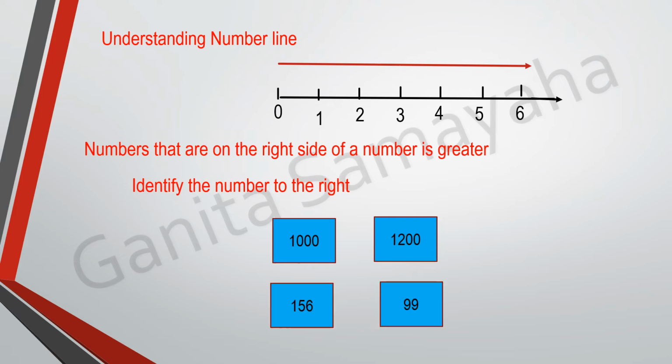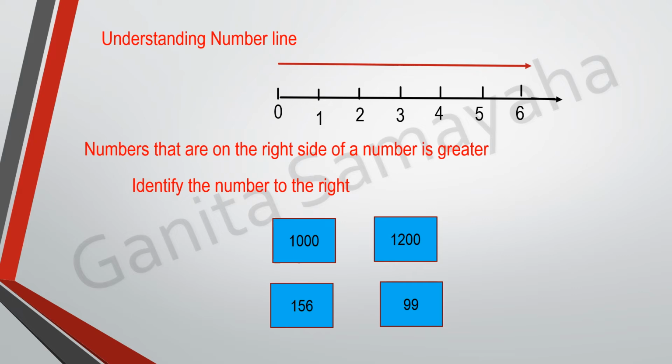Clear. One more. Is 156 found to the right of 99 or 99 found to the right of 156? Yes, 156 is found to the right of 99. So from 0 when we go towards the right, we found that the numbers to the right are greater numbers.